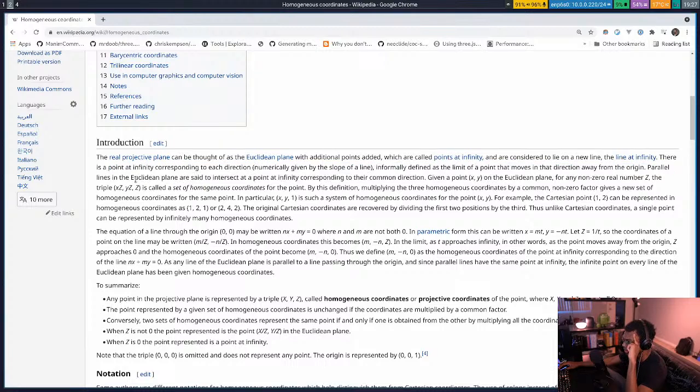Parallel lines in Euclidean space are said to intersect at a point at infinity corresponding to their common direction. Given a point (x, y) on the Euclidean plane, for any non-zero real number z, the triple (xz, yz, z) is a set of homogeneous coordinates for the point. This makes sense. This is the result of an equivalence relationship in order to focus on directions rather than vectors.